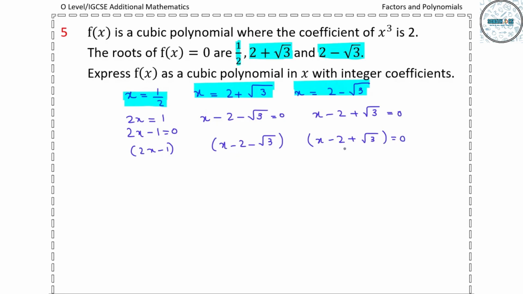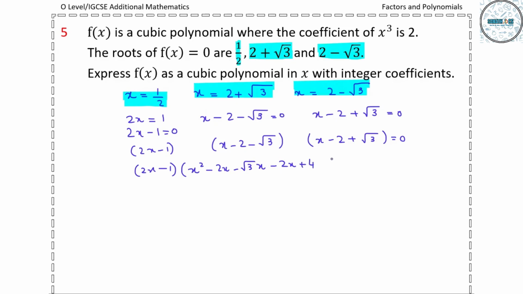First of all, we will multiply these two brackets. When we multiply x by x, we will get x squared. Minus 2 by x, minus 2x. Minus under root 3 by x, we will get minus under root 3x. Then we will multiply x by minus 2, so we will get minus 2x. Minus 2 by minus 2, we will get plus 4.